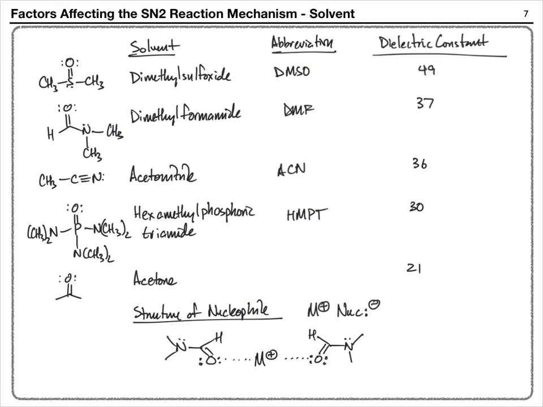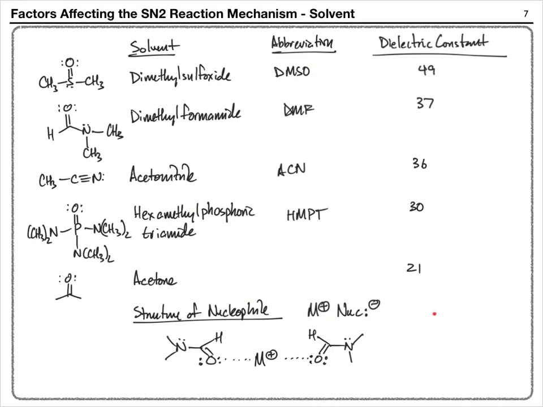So even though I can't draw it, what you need to visualize here, if this is you and this is the pool, the water's always touching you. So around this metal cation, all of these lone pairs of these oxygens on the carbonyl, they're solvating. That's what these lines mean. They're solvating this, so that helps to weaken this bond.